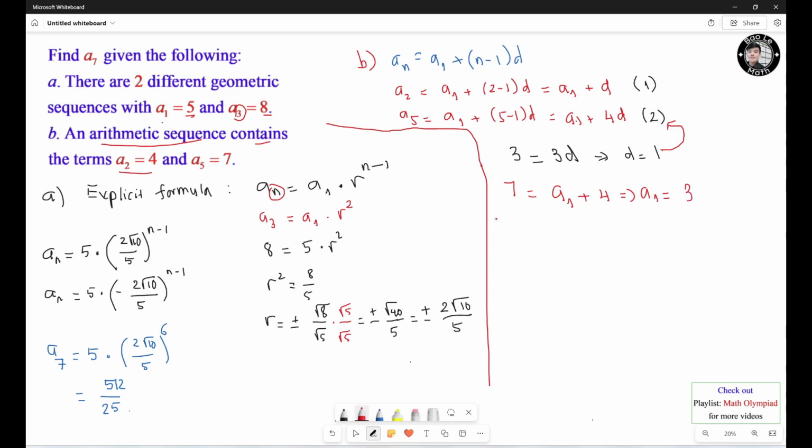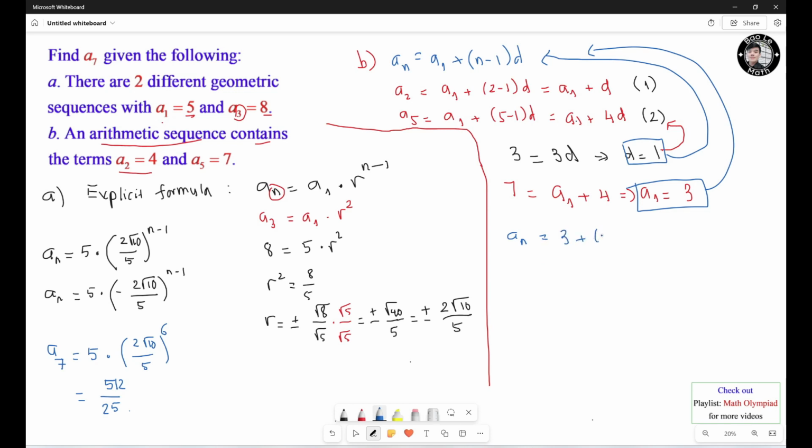Alright, so you substitute A1 equals 3 and D equals 1 into the first equation right here. So you have the formula, it's going to be AN equals 3 plus N minus 1.